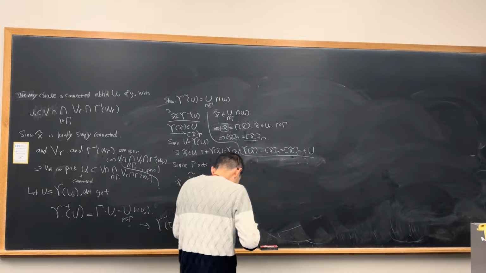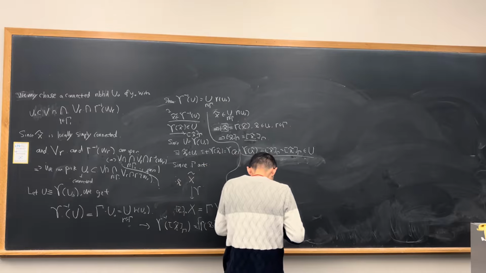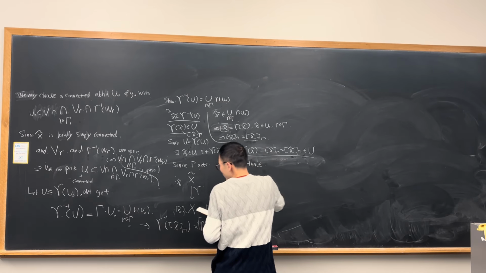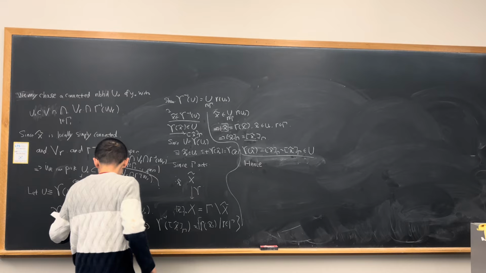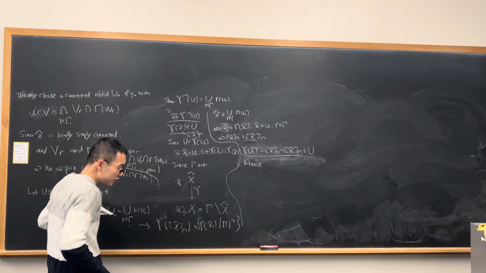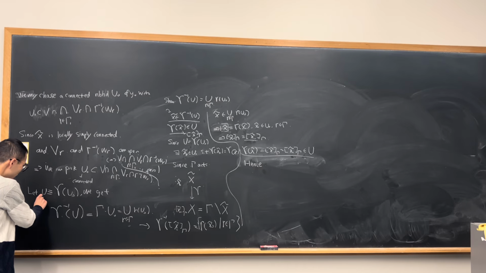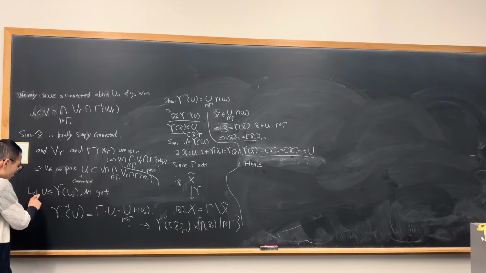And hence, remember, our goal is to show that this gamma is an evenly covered set. So our goal is to show that this u is evenly covered.